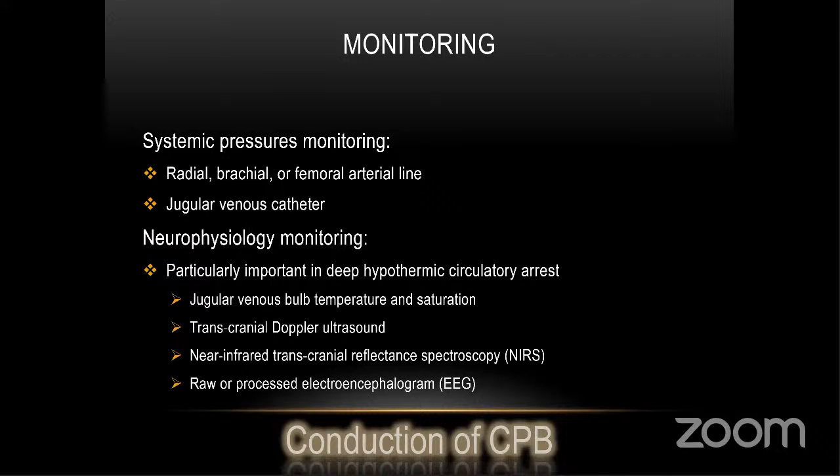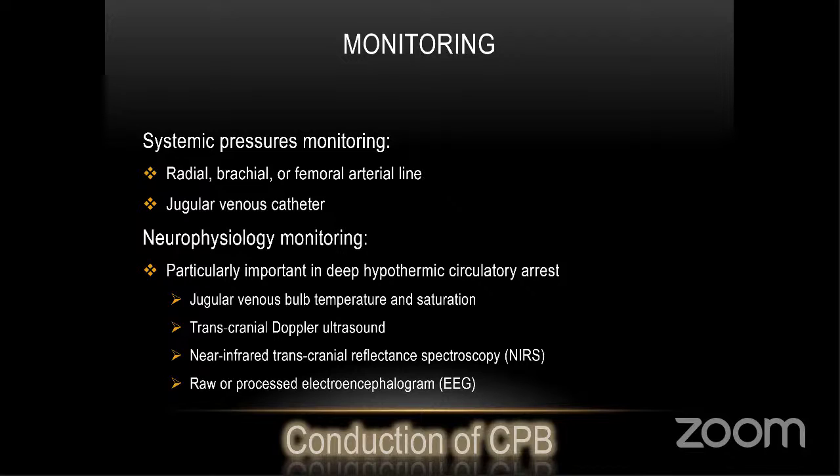Monitoring during the bypass, systemic pressure monitoring. We can use radial, brachial, and femoral arterial lines. For central venous pressure, usually a jugular venous catheter is used. Neurophysiology monitoring is controversial, but particularly important in deep hypothermic circulatory arrest.